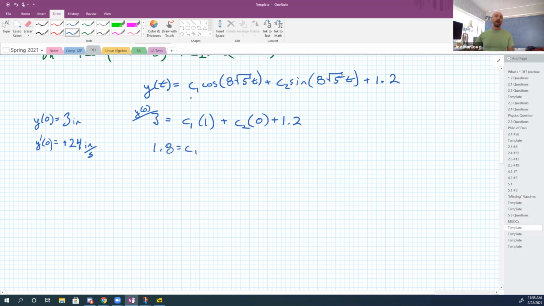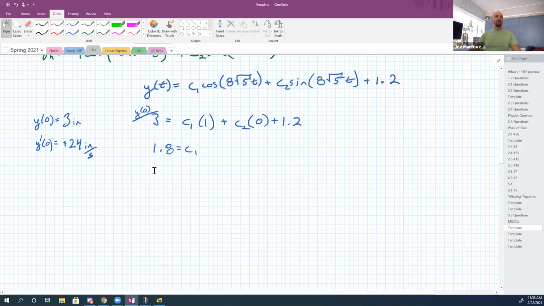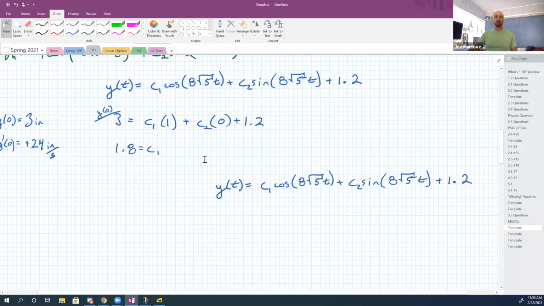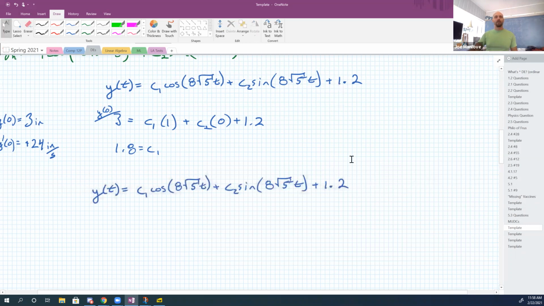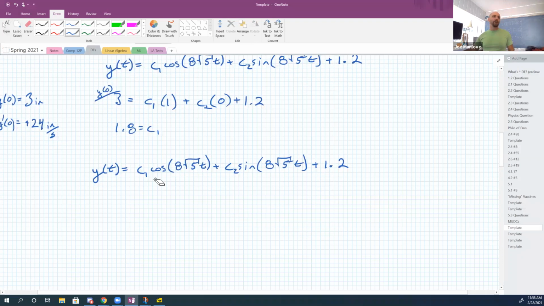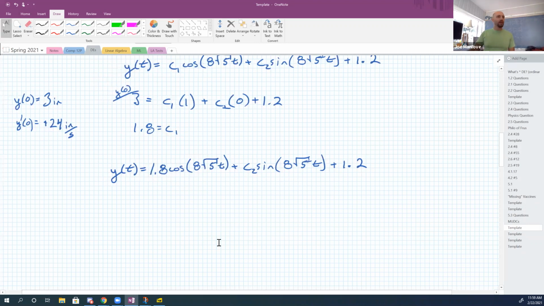Okay, so I can plug that in. So we can grab our y here. Oops, why'd you end up over there? And we can drop our C1 and put in a 1.8. And then we can differentiate this whole thing. So y prime of t is going to be 1.8 times 8 root 5.